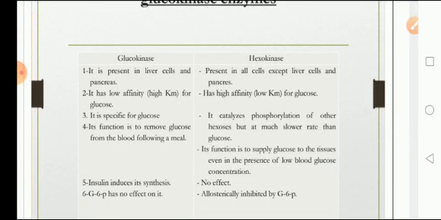Even if the glucose concentration is very low, hexokinase will phosphorylate this glucose. Unlike glucokinase, which has a low affinity for glucose, which means high Km. Hexokinase allows the phosphorylation of any hexose, but at a much lower rate than glucose. Glucokinase, from which it got its name, is very specific for glucose only.